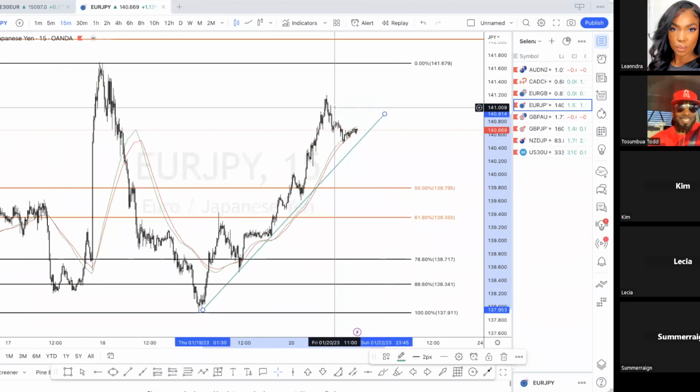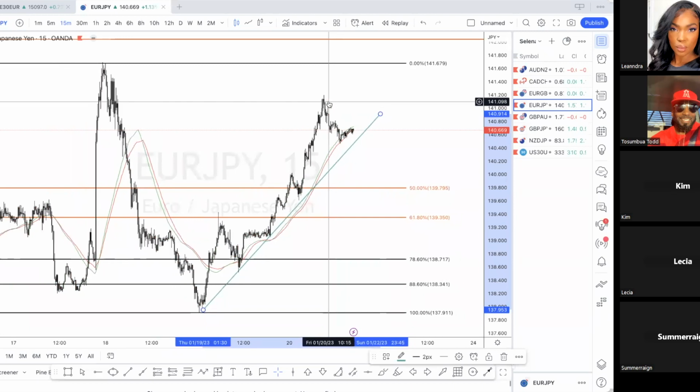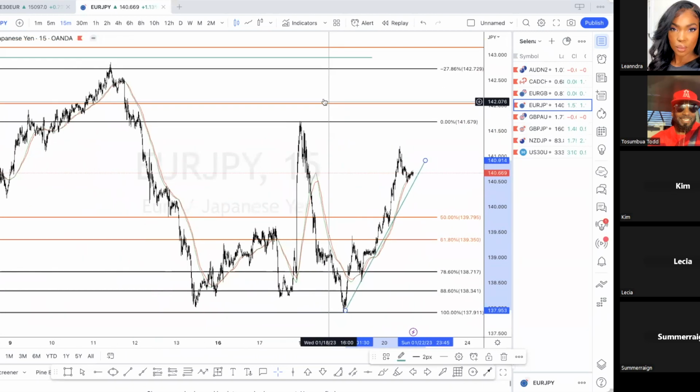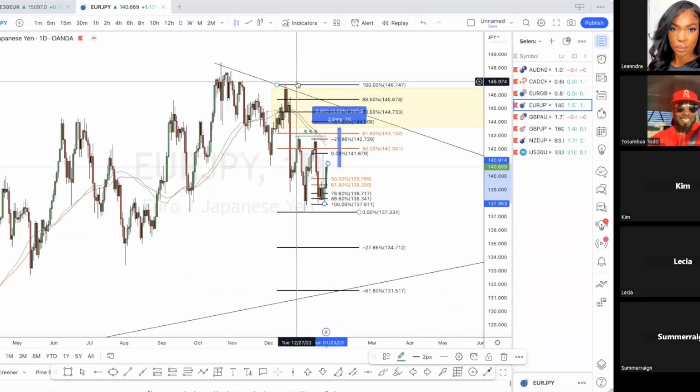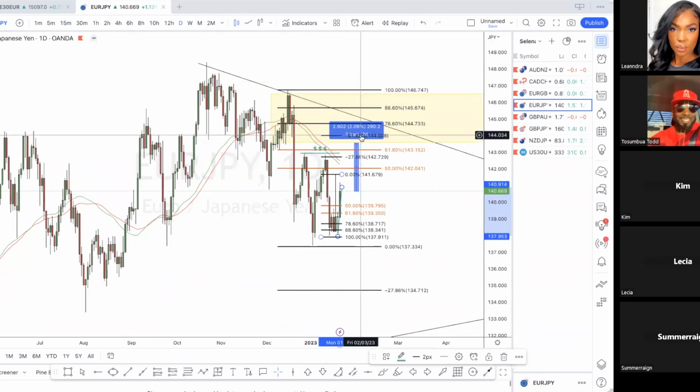Can you go back up to the higher time frame? After it sells initially, we might see a buy back up to that yellow area before it cooks off. So you just have to be cognizant of what could happen and then trade what actually does happen.